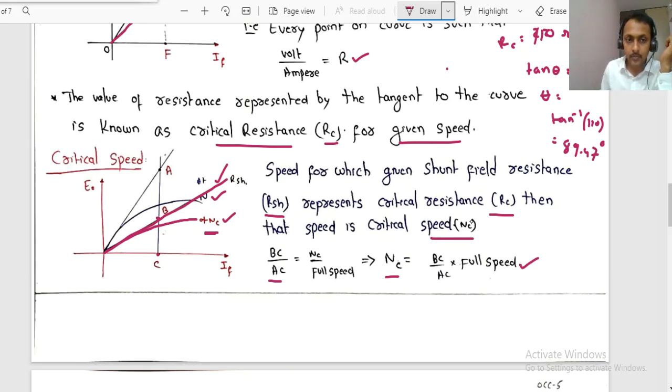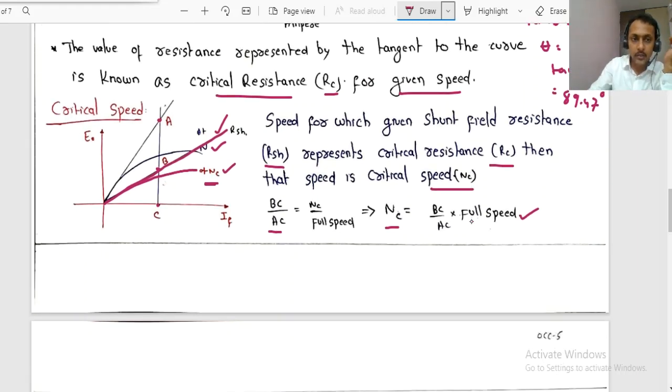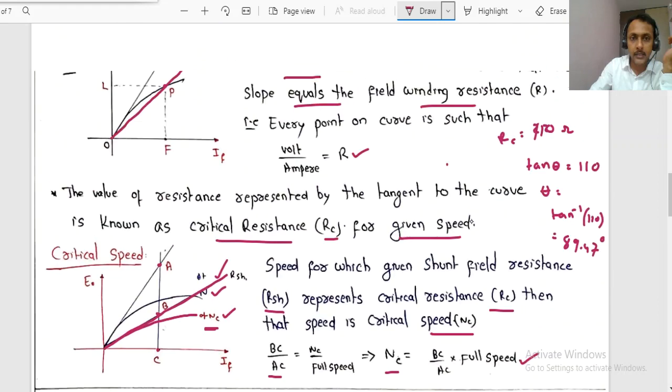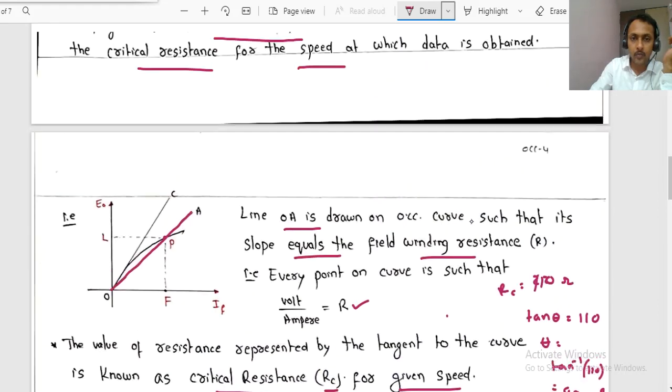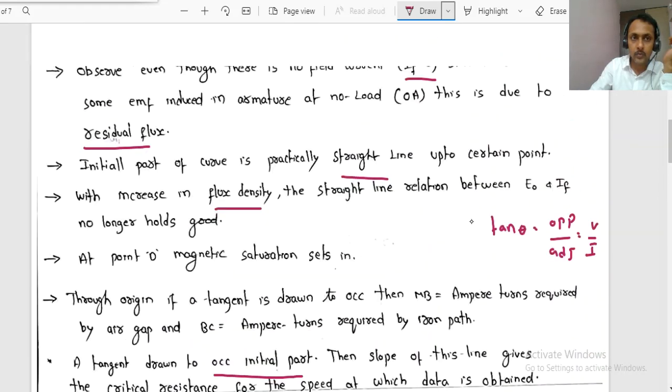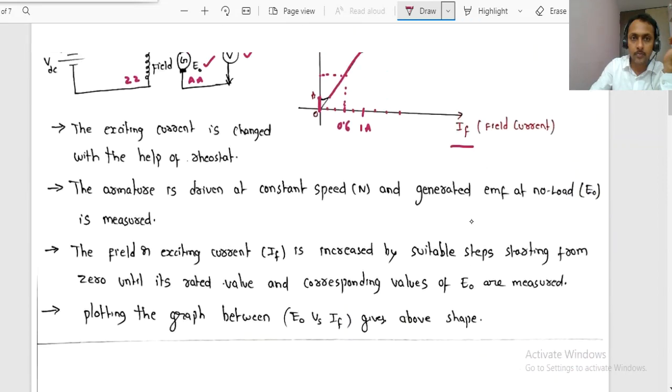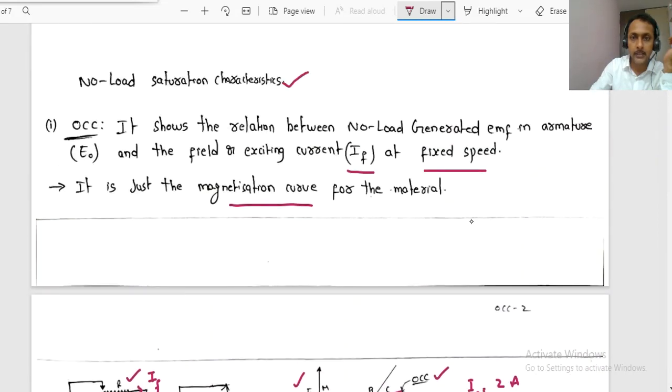Clear? Now this line cuts the tangent at some point A. Like this, critical speed and critical resistance are obtained from the OCC, or open circuit characteristics.